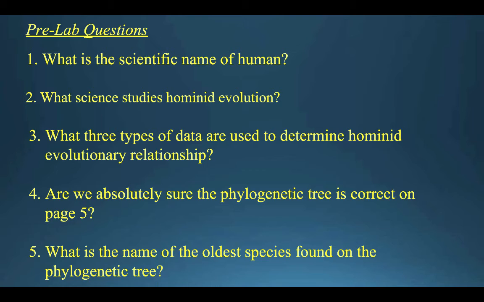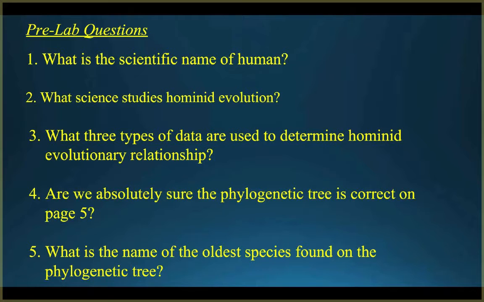So what is the scientific name for human? Hopefully you figure out it is Homo sapiens. What science studies hominid evolution? This would be paleoanthropology. So what are the 3 types of data that we use to determine this evolutionary relationship?